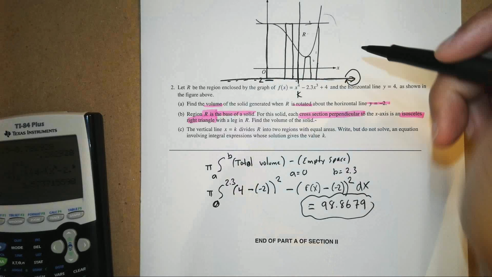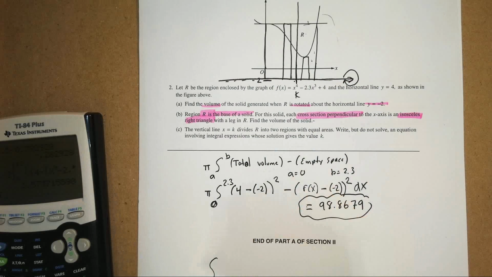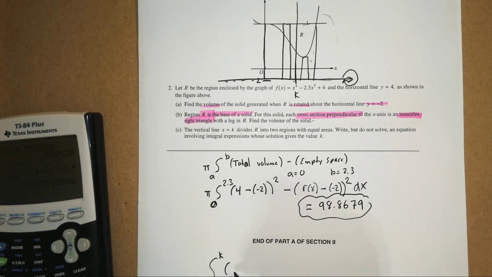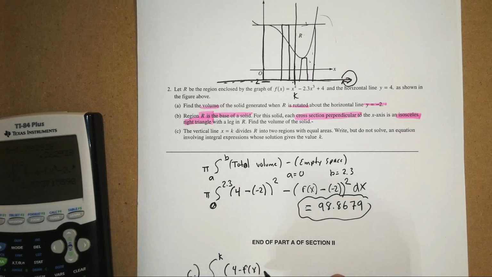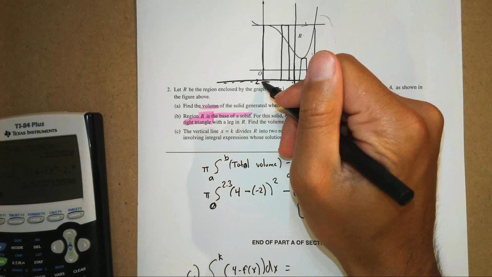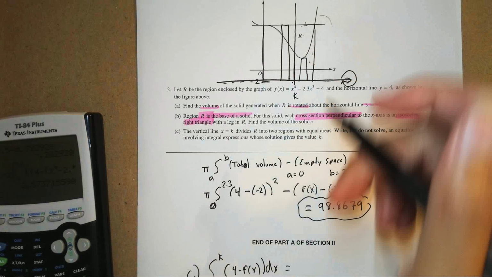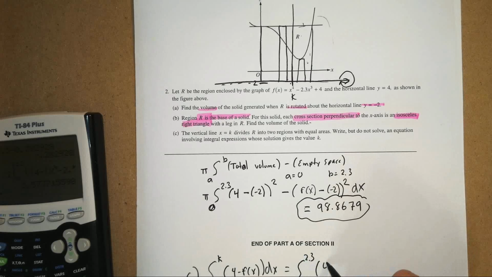So then that's an integral, that's area, because I'm trying to find two equal areas, which would be the integral from 0 to k of top curve minus bottom curve, 4 minus f of x, which is equal to, well, this 0 to k should be equal to k to 2.3 of top curve minus bottom curve once again.